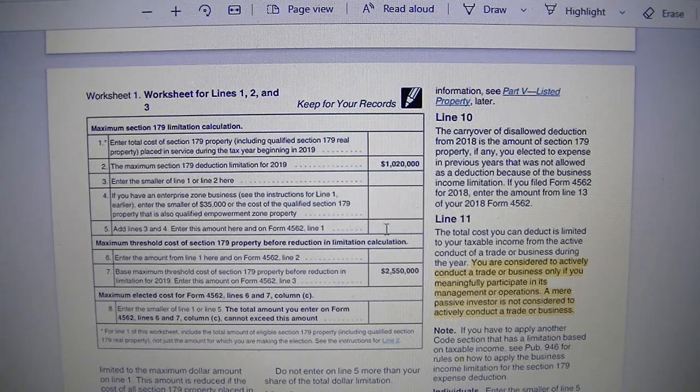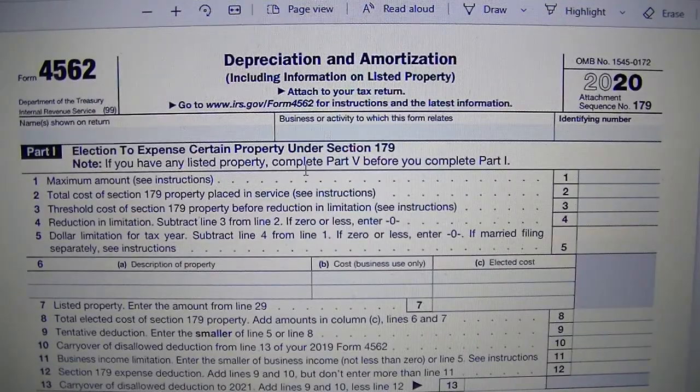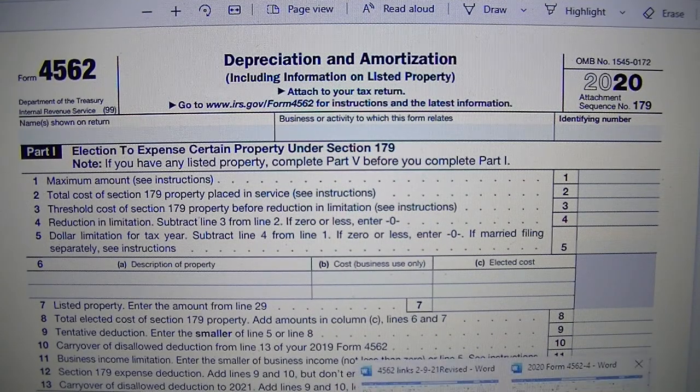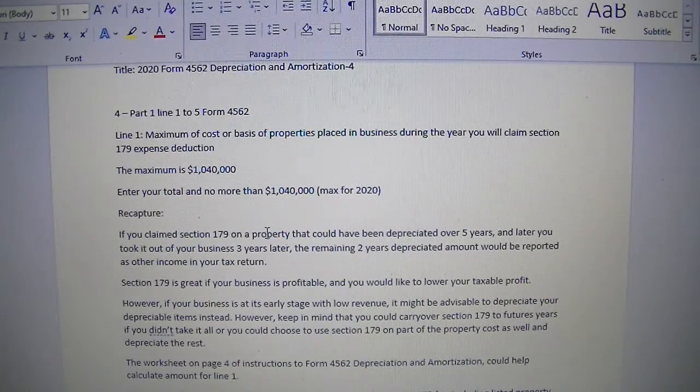So your 1 million will be on line 5 of the worksheet, and when you go to your Form 4562, that will be the same that you'll put on line 1 of Part 1. That will be the total cost of your properties placed in service, and it should not exceed the 1,040,000.